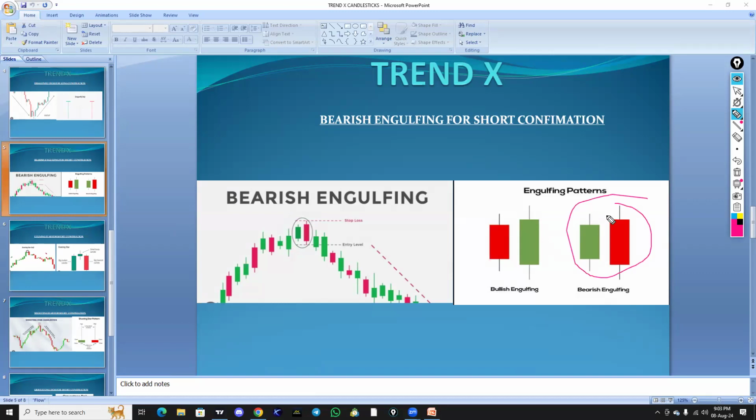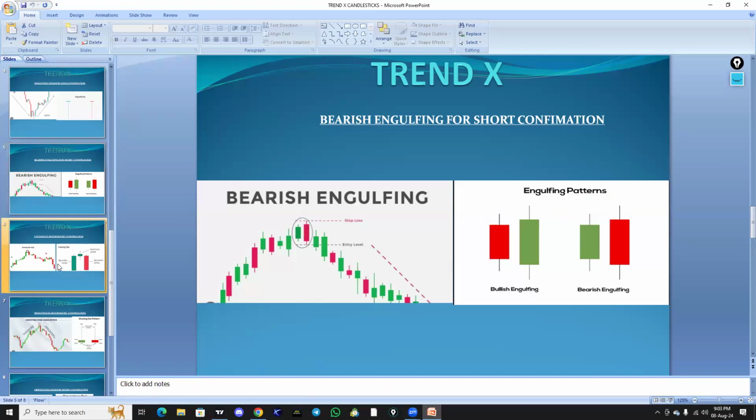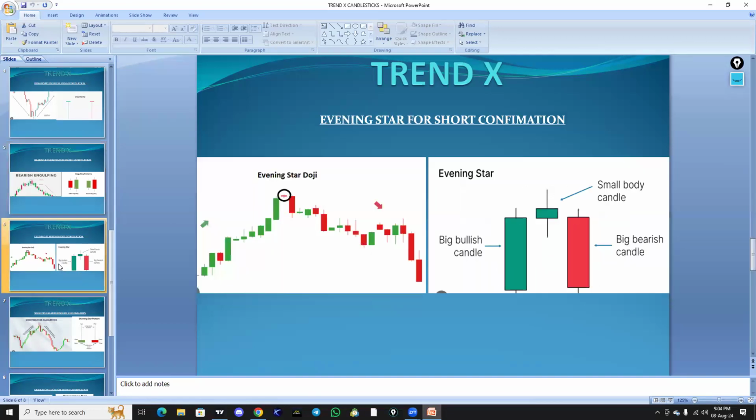Now it's the same for bearish. So this is a bearish engulfing. And the second candle is evening star. There I was showing you morning star. Now this is an evening star. This is a pattern for short positions.